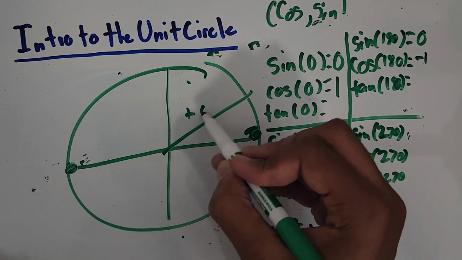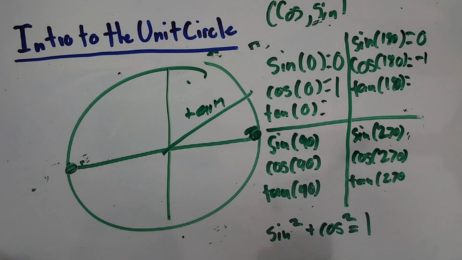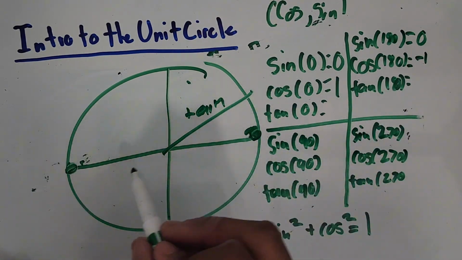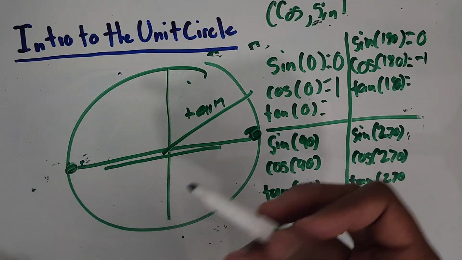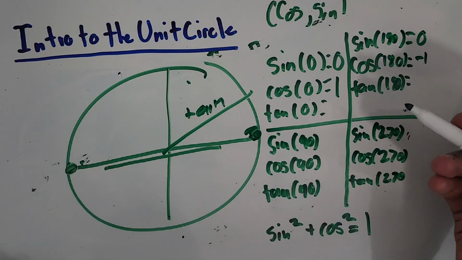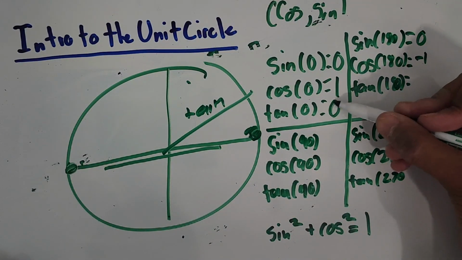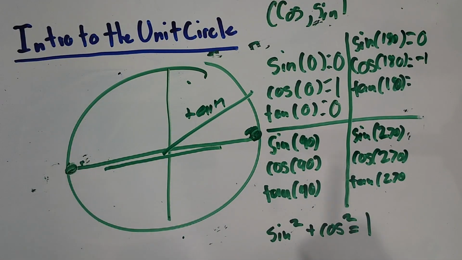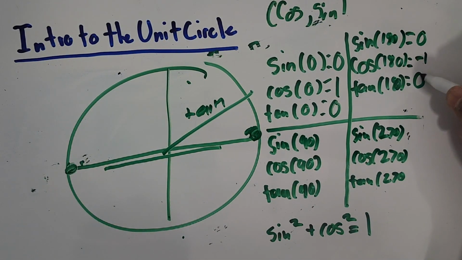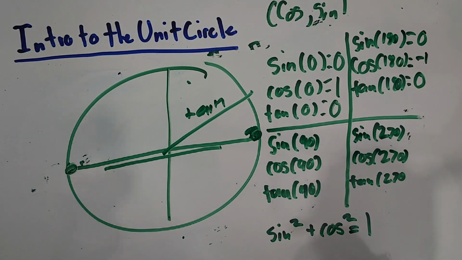So if we have a line going this way, what would be the slope of that line? That line would be 0, because the slope of the line is 0. Remember, rise over run. And similarly, this would also be 0 because rise over run. Remember, tangent is the slope of our line.